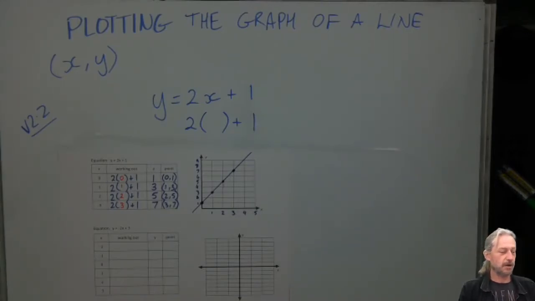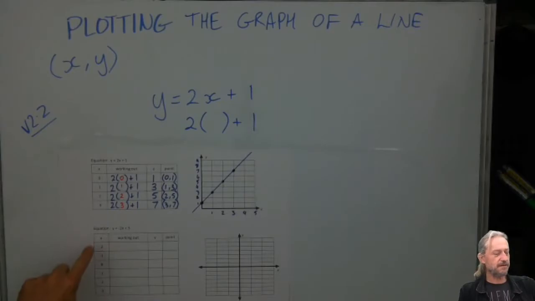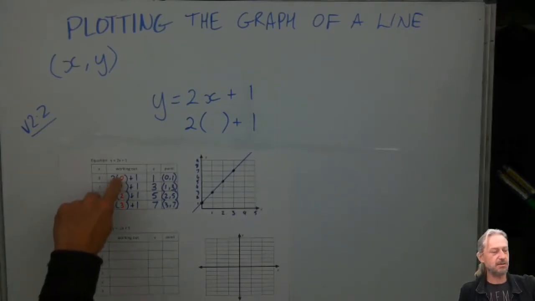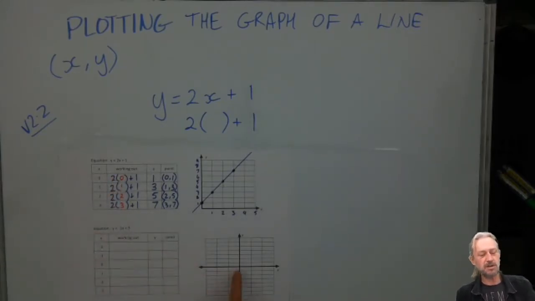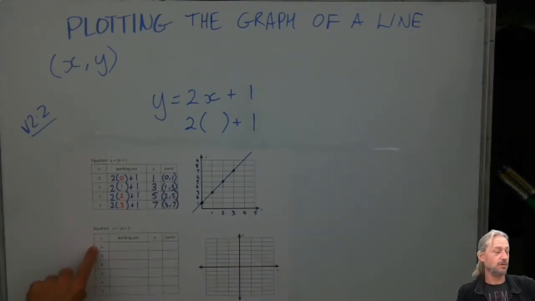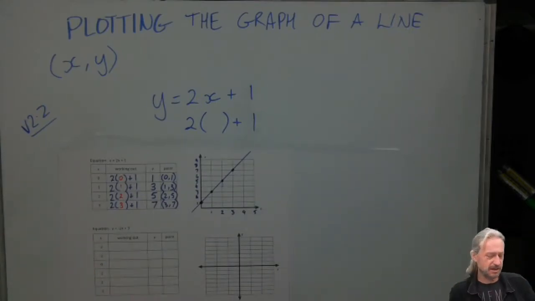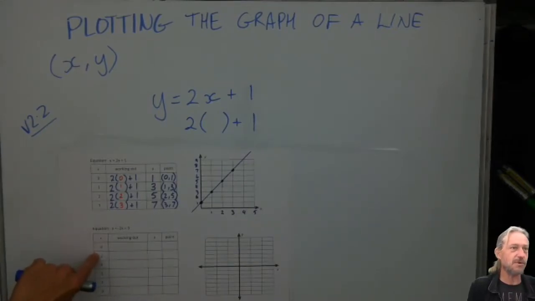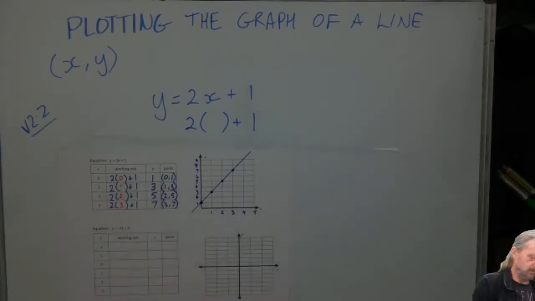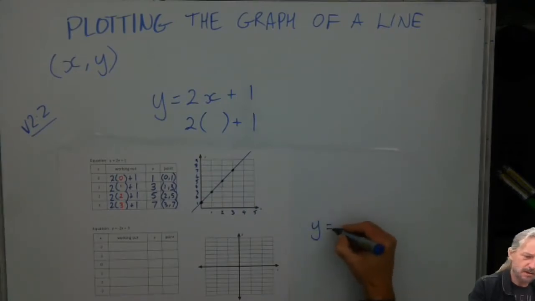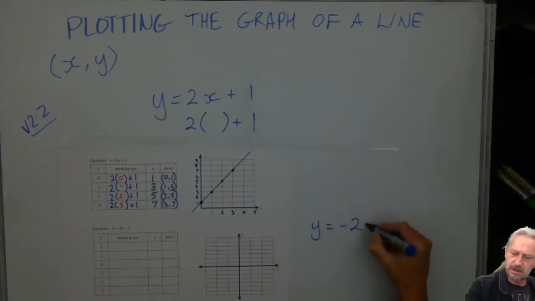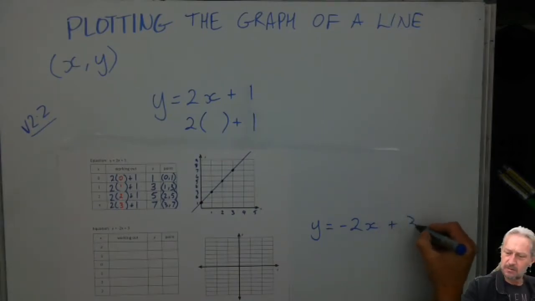Cool. Right, so I'll do the second example, and all that's really different is instead of starting at 0 and just going through positive values of x, we've also got -1 and -2. Can't quite see it, but trust me, -2, -1, 0, 1, 2, 3. So this equation here is y equals -2x plus 3.